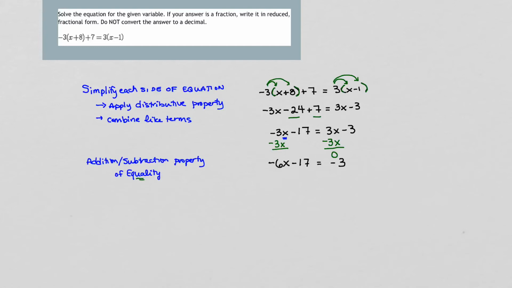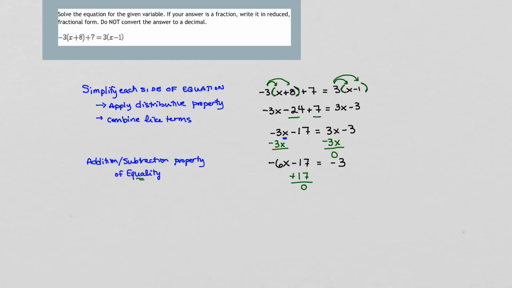I'm going to continue applying the addition-subtraction property of equality, but this time I'm going to get my constants together. My x is on the left, so let's get the constants on the right. That means I want to get rid of the minus 17, and in order to get rid of the negative 17, I'm going to have to add 17. That'll give me a 0 constant on the left.